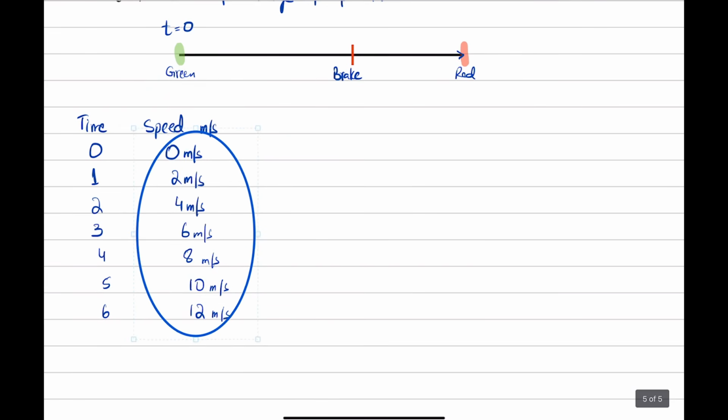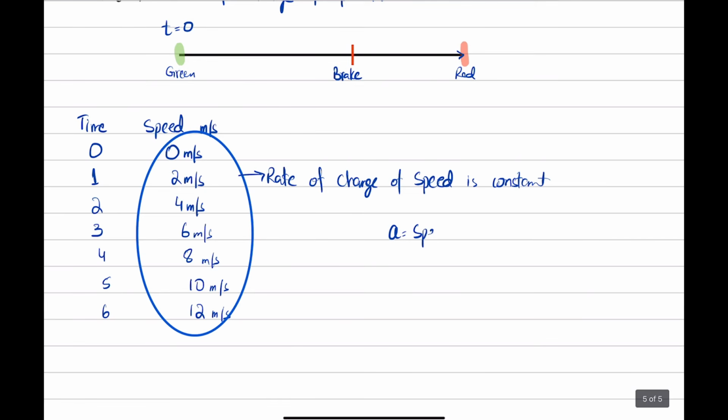And what is that rate of change? Look at the values. Tell me what that rate of change is. 2, exactly. So rate of change of speed is constant, and every second the speed is increasing by 2 meters per second.